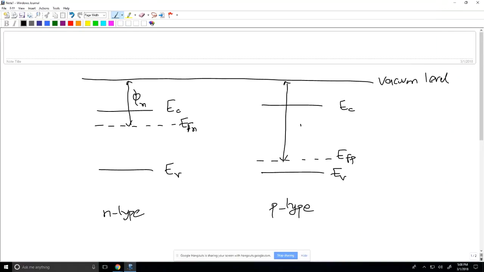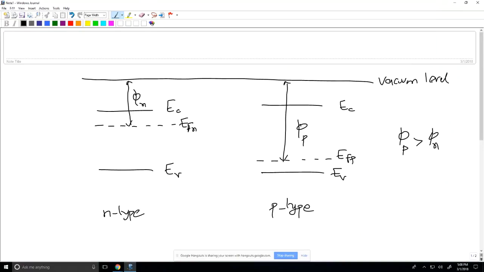This will be the work function for my P-type semiconductor. And because of the way we dope, the work function for the P-type is always greater than the work function for the N-type. So that again tells you how the Fermi level plays an important role in determining the properties of the semiconductor.